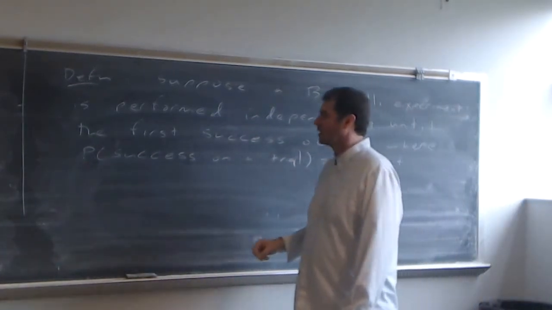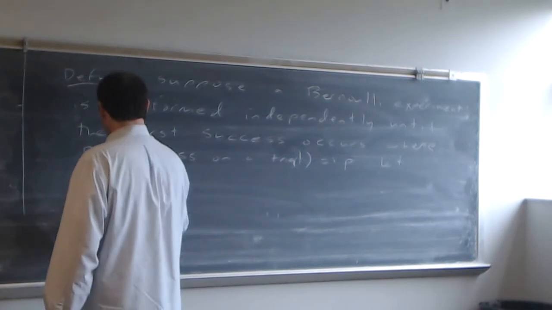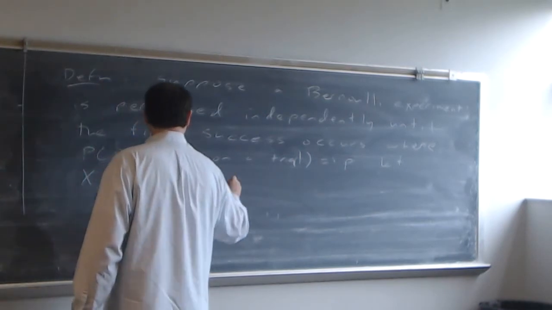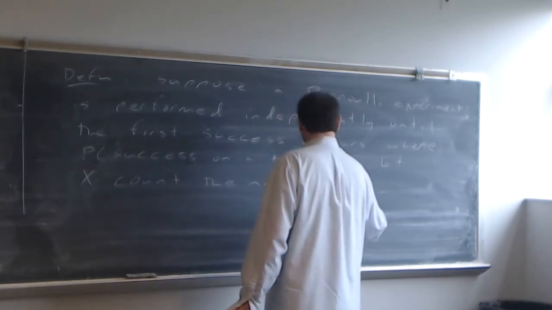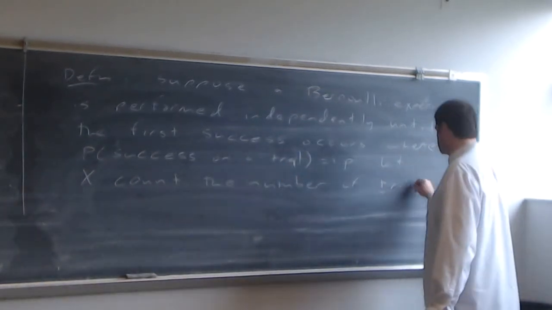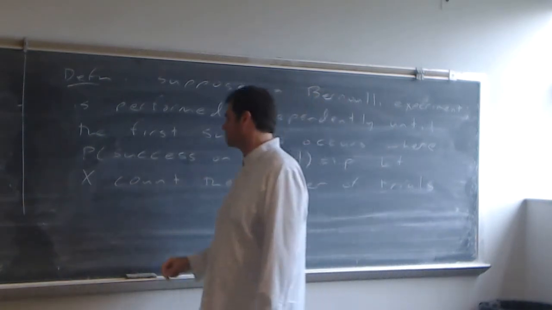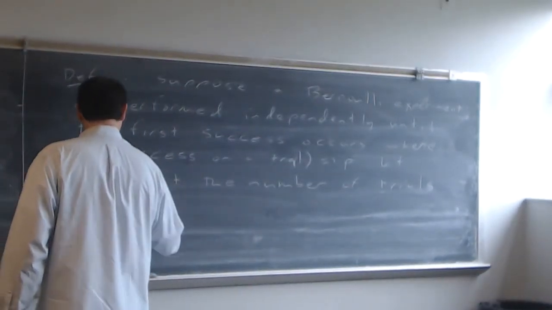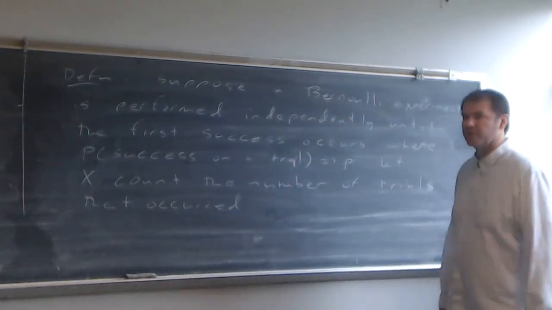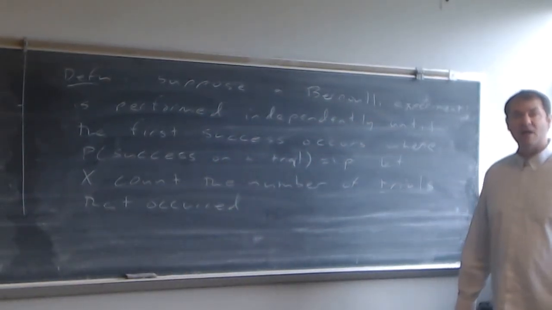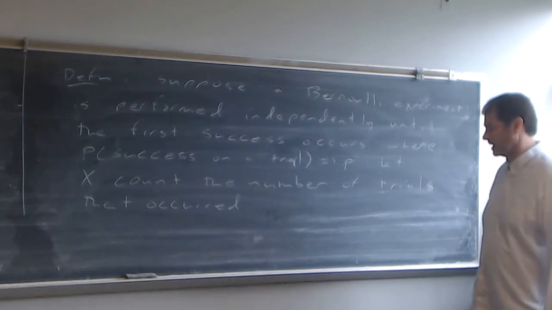Let X count the number of trials needed. So X counts the number of trials that you need to do until you get the first success.